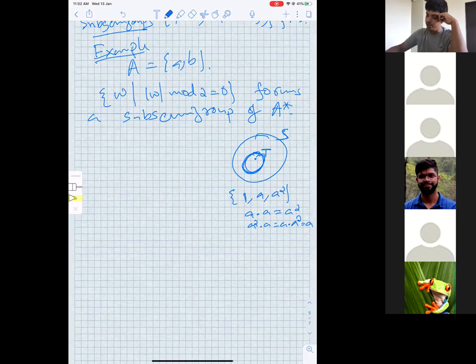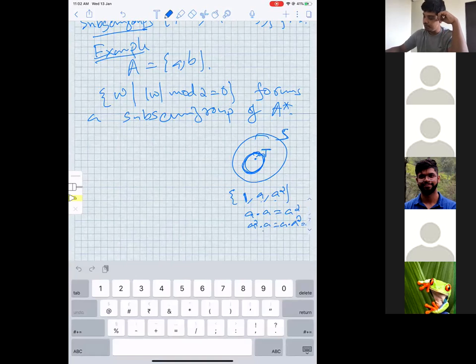This is actually the monoid you get by taking the semigroup Z2, addition modulo 2, and adjoining an identity.